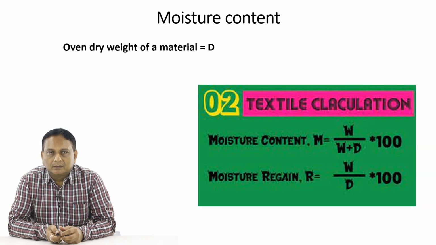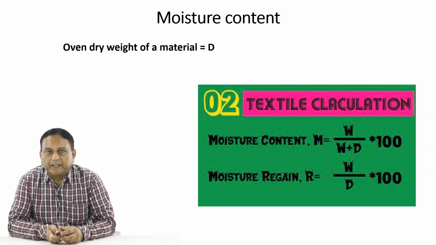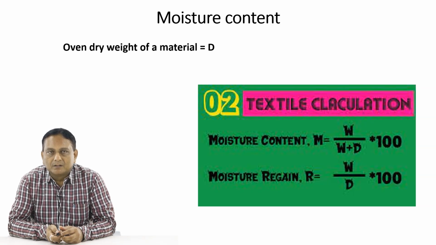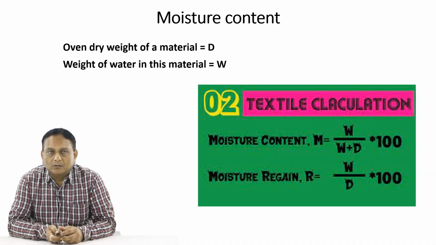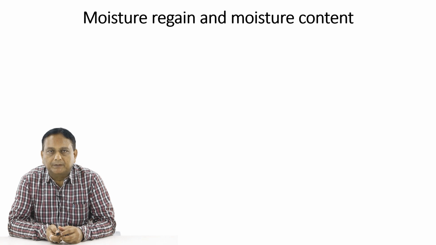Here D means the oven dry weight of a material, and the weight of water in the material is expressed by W. So the formula talks about W and D: moisture content is W divided by (W plus D), and moisture regain is W divided by D.